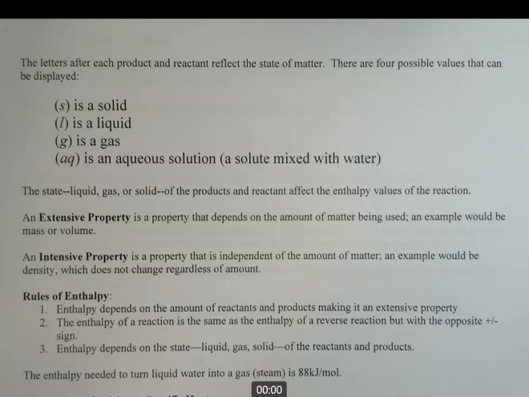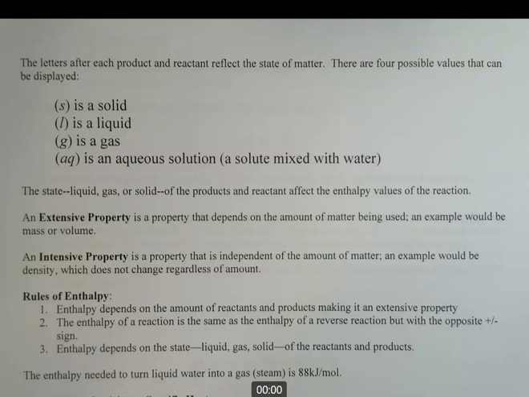It depends on mass. An intensive property is a property that's independent of the amount of matter. An example would be density. So a piece of wood, whether it's a small piece of wood or a large piece of wood, is going to have the same density. It's going to float on water because they have the same density. And we'll talk about the relationship between density and water and whether things float or sink.